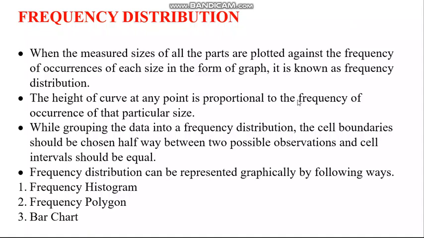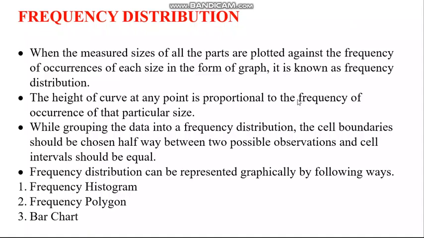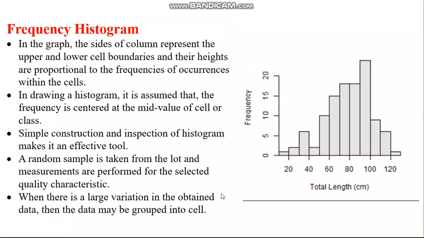Okay, the frequency distribution can be represented graphically in the following ways: frequency histogram, frequency polygon, and bar chart. Now let us see the frequency histogram, shown in this figure. In this graph, the sides of the column represent the upper and lower cell boundaries. See here, this is 20 and this is 30.